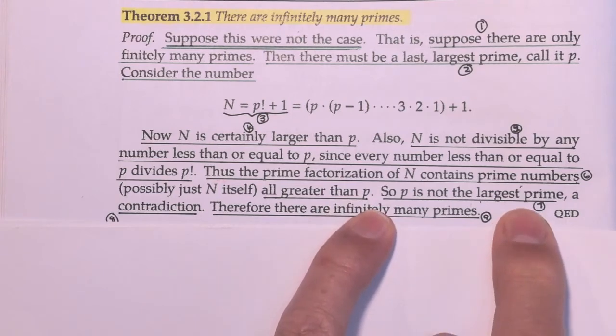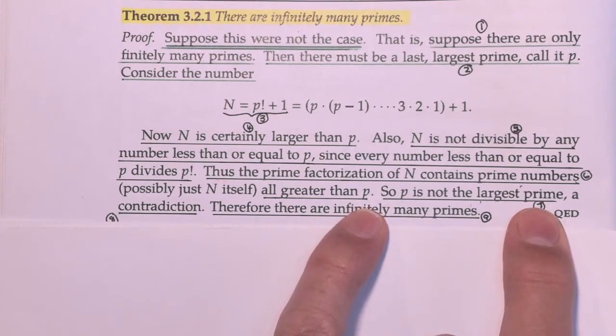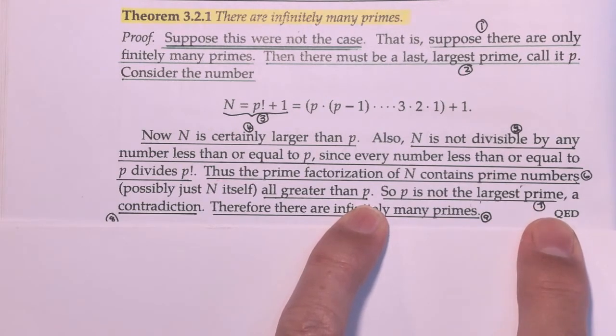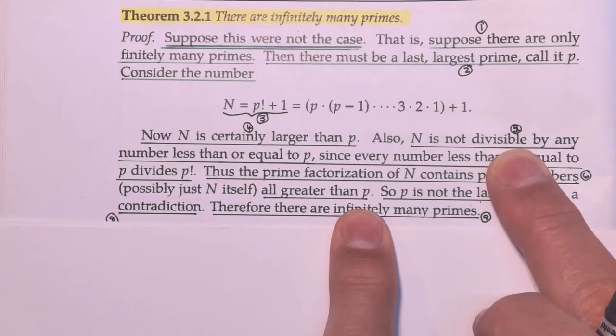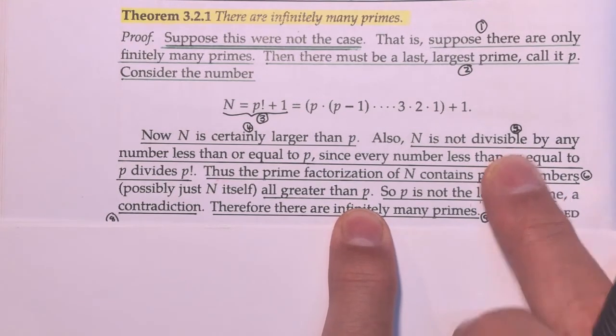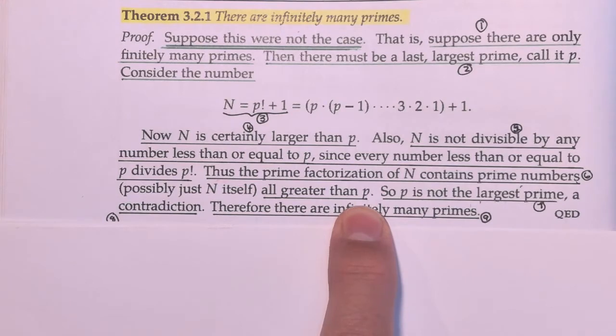That is what that line that's marked with a 6 is saying. Well, since n is divisible by each prime number in the prime factorization of n, and by line number 5. Okay? That's why this is true.